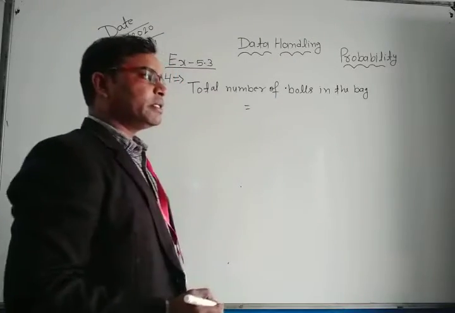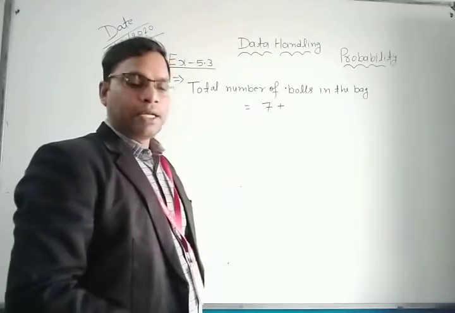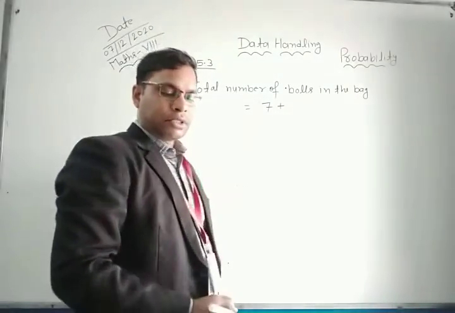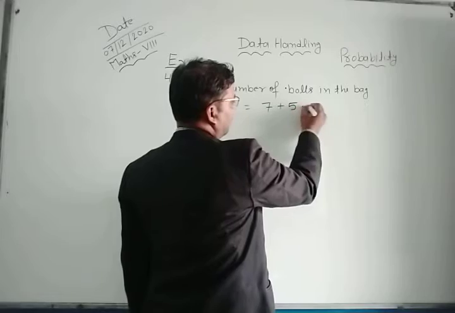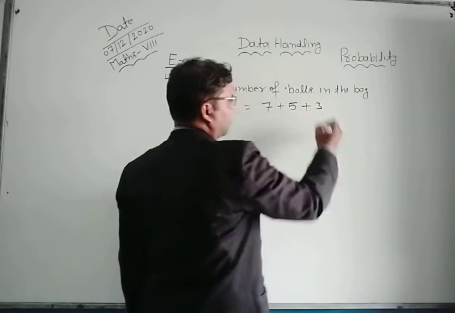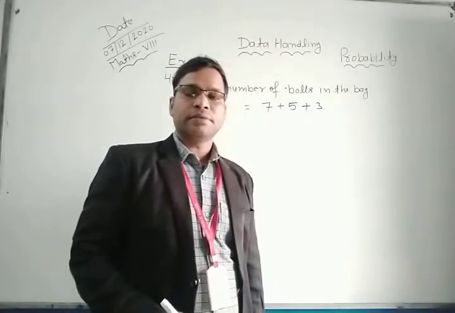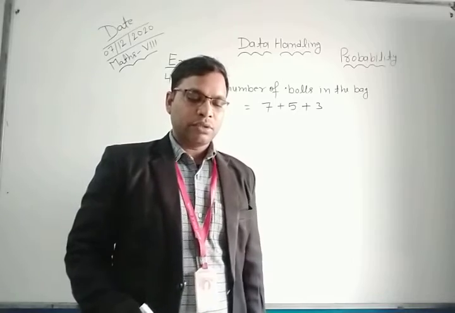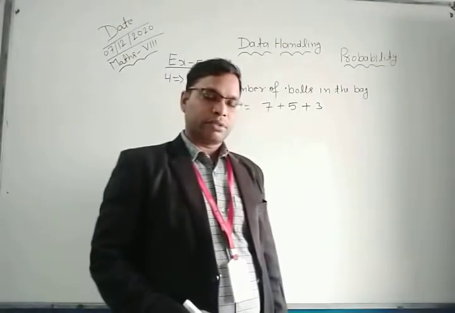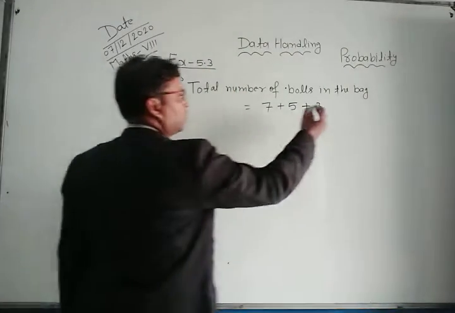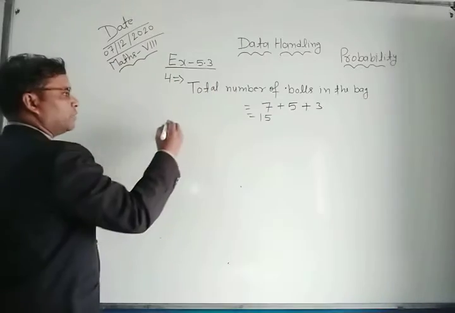In this question it is given 7 red balls, 5 blue balls, and 3 green balls. So in this way, you can say the total number of outcomes is equal to what? This is equal to 15. Clear?